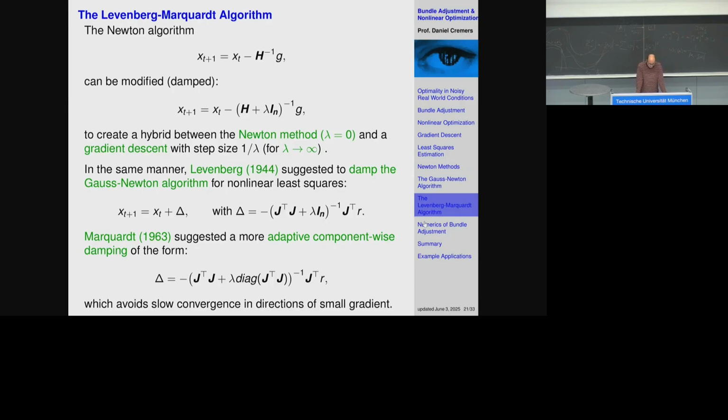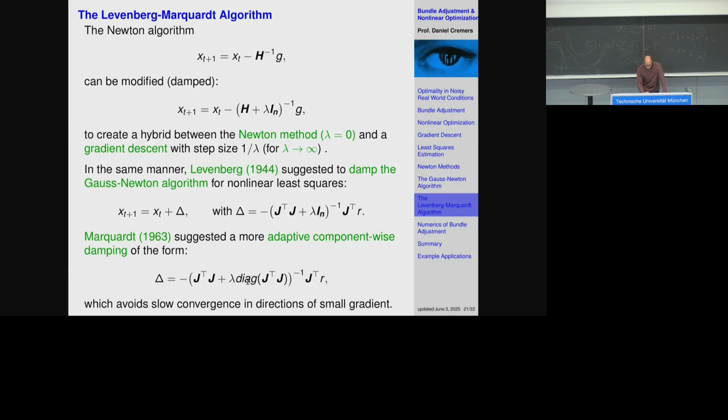And then Marquardt spent a lot of time looking at this algorithm and its variants to optimize loss functions. And what he cared about were often loss functions that were highly anisotropic, where you had very thin valleys, and then you want to have a more adaptive approach where the damping is more component-wise.